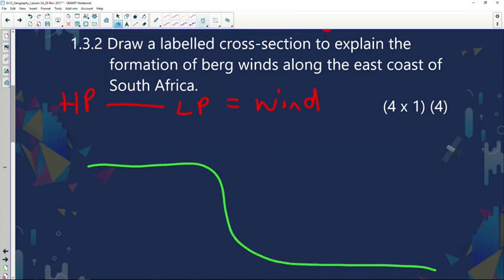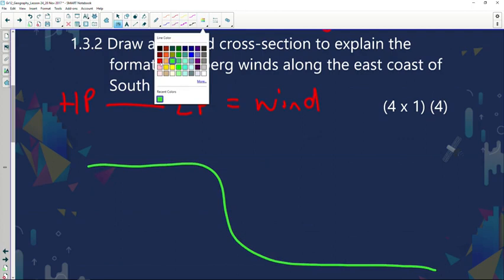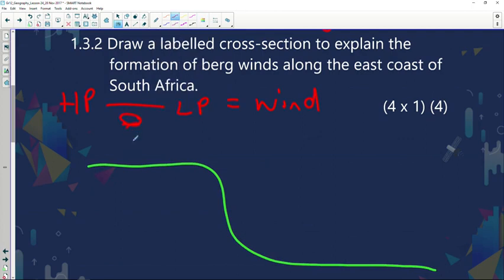Now, in the case of bergwinds, what do we have over the interior? We have the Kalahari high pressure moving anti-clockwise with sinking air. Now we have a low pressure at the coastal regions. Air moves from a high pressure to a low pressure. Now what happens with the temperature once it's moving down with altitude? Keep in mind, if you go and climb Kilimanjaro, what's going to happen with the temperature?